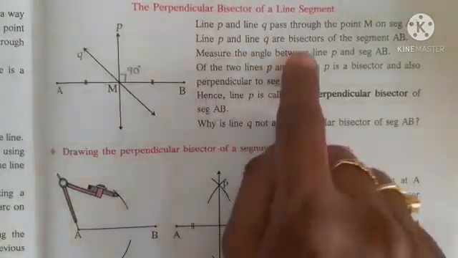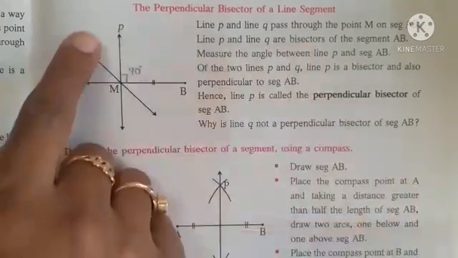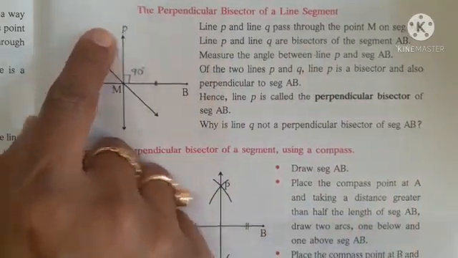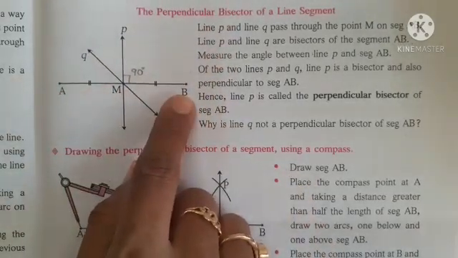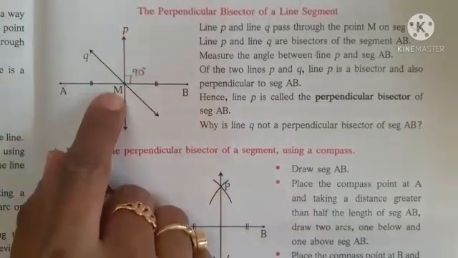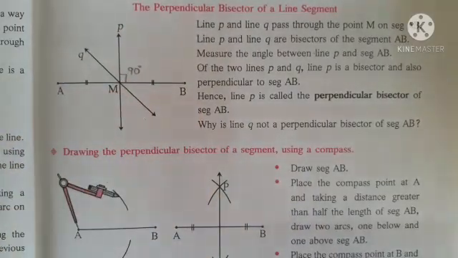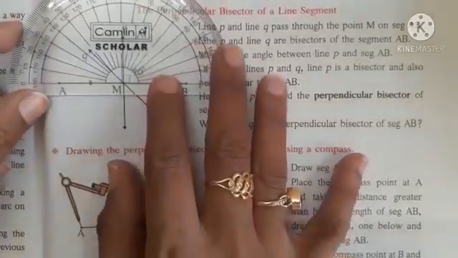And we saw further that it is a bisector also. So we can say line P is the perpendicular bisector of segment AB. As it is forming 90 degrees with segment AB and as it is passing through the midpoint, it is called perpendicular bisector.